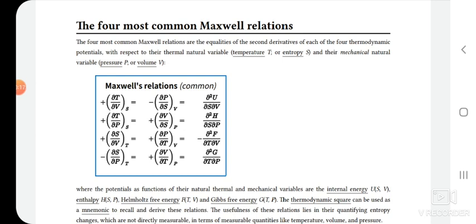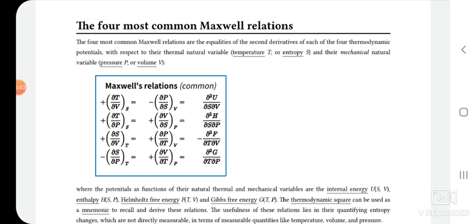The structure of a Maxwell relation is a statement of equality among the second derivatives of a continuous function. It follows directly from the fact that the order of differentiation of an analytical function of two variables is irrelevant.